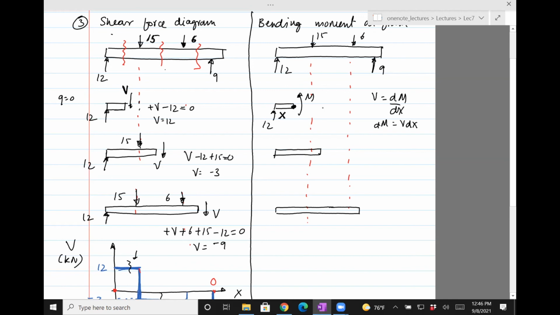This moment is by convention positive. If you turn a page, you'll see that the moment on the left section is positive when it's counterclockwise. And this 12 times this distance x produces a clockwise moment. So you'll have minus 12 times x.